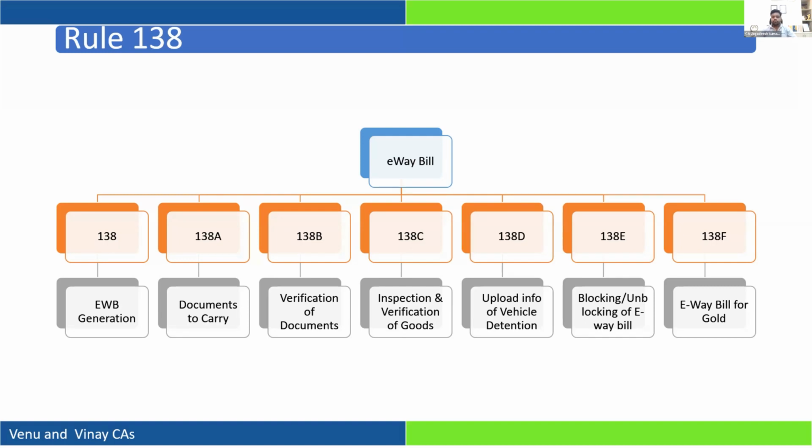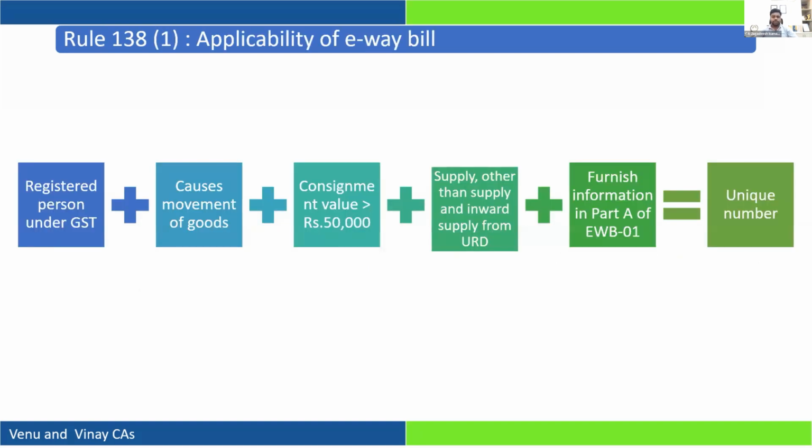First, we'll see what rule 138 is. Rule 138 deals with the applicability of the e-way bill provisions. Who needs to generate the e-way bill, when to generate it, what is the criteria to generate it, and in what cases I need to generate it: for all these questions, the answer is provided in rule 138.